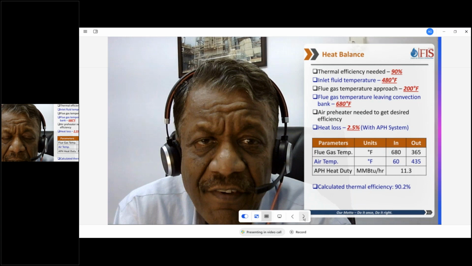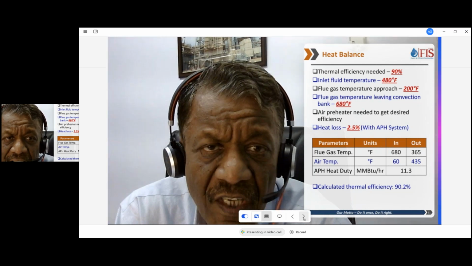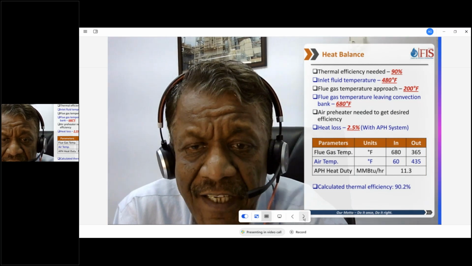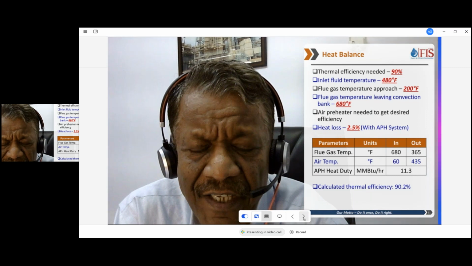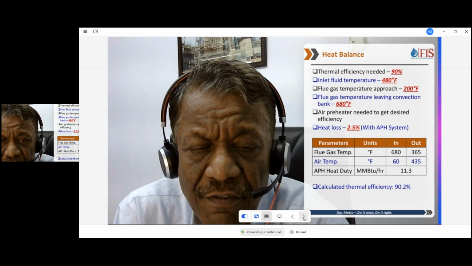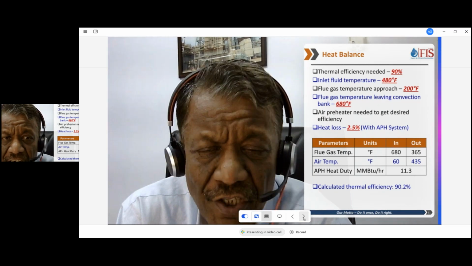And we deliberately selected 200 degrees to get a temperature of 680, because at 680 the SCR catalyst has the highest efficiency. At lower temperatures, the efficiency goes down. So we selected a 680 degree temperature for the SCR.